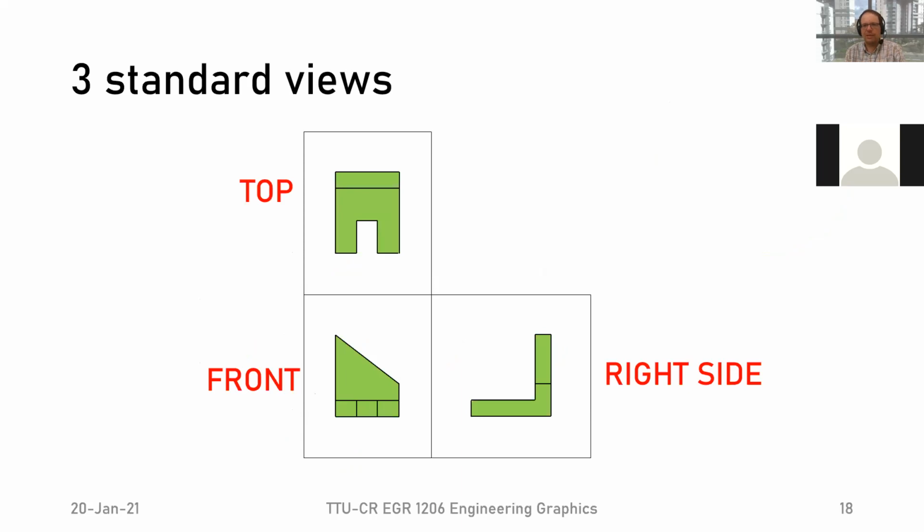So the most common thing is that we get three views, which we call the three standard views. We get the front, we get the right side, and we get the top. And in this class, whenever we do orthographic projections, we're going to do those three. Once you have your object, you will have to decide where the front is, and then based on where the front is, the top and the right side are very clear.